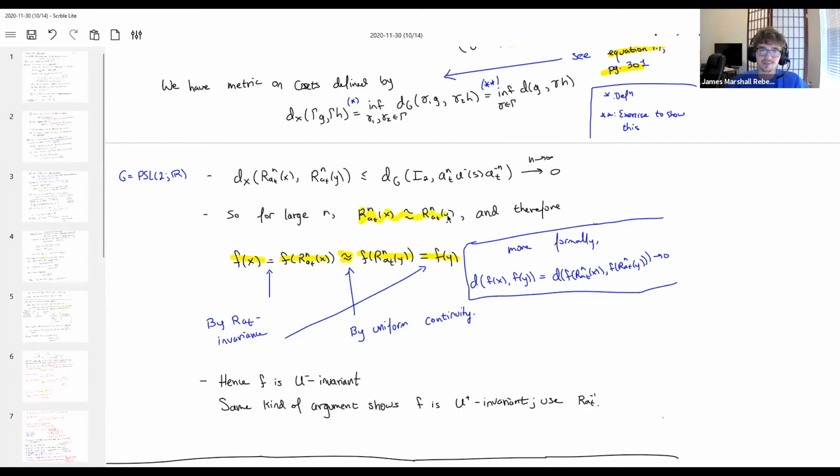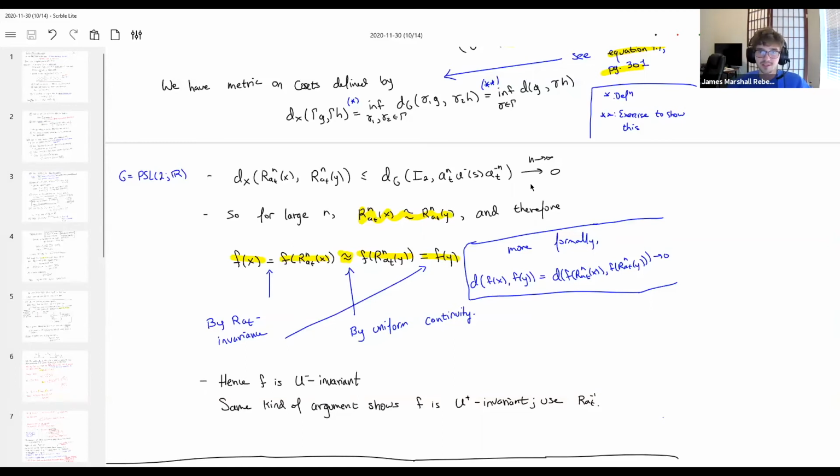So this holds for all n, and as we let n go to infinity, these end up being the same thing. So that gives you that f has to be u minus invariant. And if you just use RAT inverse instead of RAT, this gives you that it's also u plus invariant.